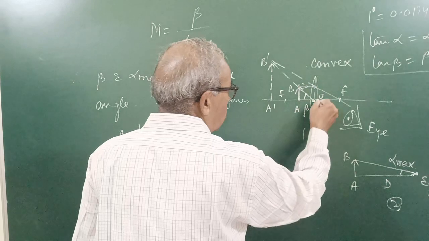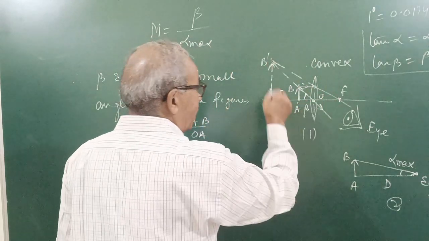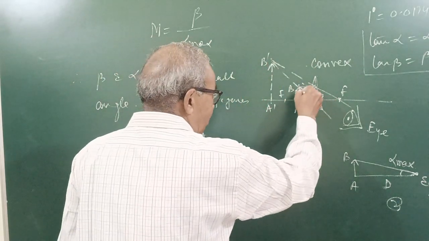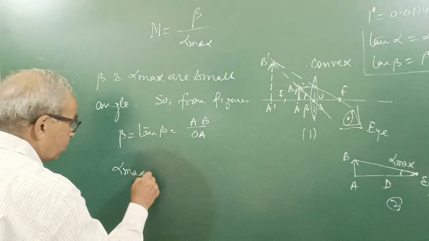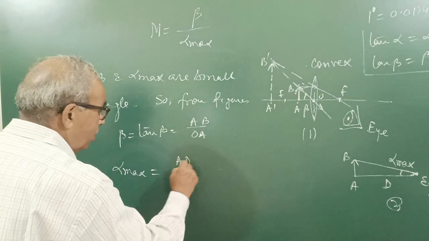It would be A dash B dash upon OA dash, but we have to express it in terms of AB. Alpha maximum is equal to AB upon D.